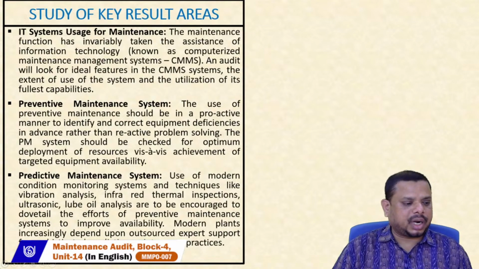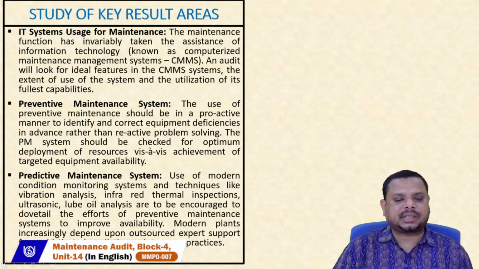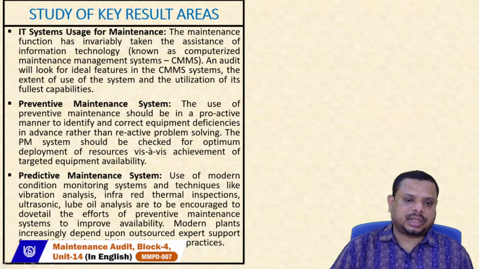The next important key result area of the maintenance audit is the predictive maintenance system, which uses modern condition monitoring. Condition monitoring is enhanced with a large number of sensors, CCTV surveillance, and monitoring through the web, IoT, or maybe AI.